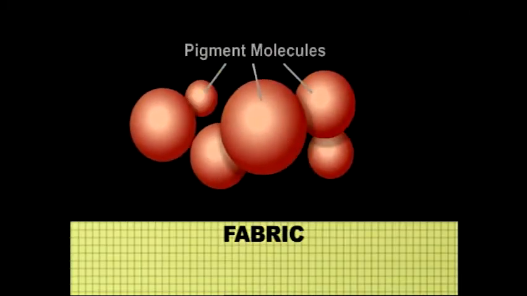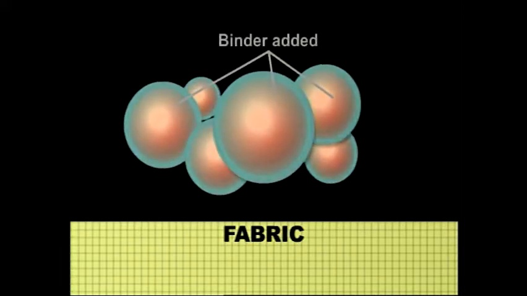In addition to these ingredients, pigments require a binder or resin system to fix the pigment and may include adhesion promoters. The most important ingredients of any print paste formulation are the colorants and the thickener system.